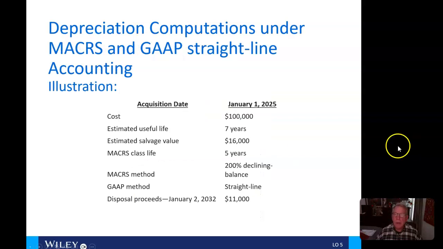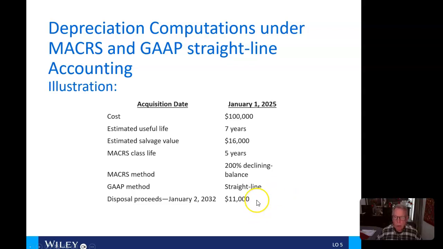Okay, so here we're going to look at how that looks under GAAP, straight line, and MACRS. So here's our acquisition cost, 100,000, estimated useful life, salvage value. 5 years we're going to use for MACRS, but 7 years we're going to use for GAAP. And double declining balance they're going to use for MACRS, but for GAAP we're going to use straight line.